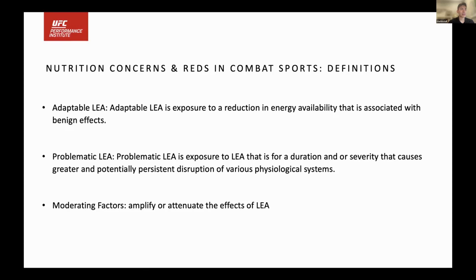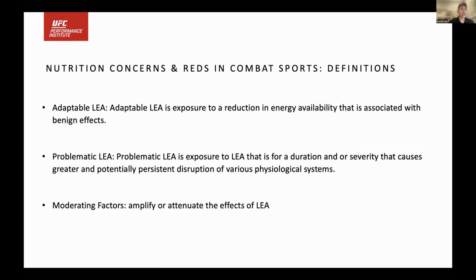Athletes may even exhibit acute health and performance benefits, particularly in our sport where power to weight ratio is an important aspect of performance. But keep in mind that adaptable LEA is typically quite short term within an athlete's preparation cycle. So let's say early or at the very least late fight camp.